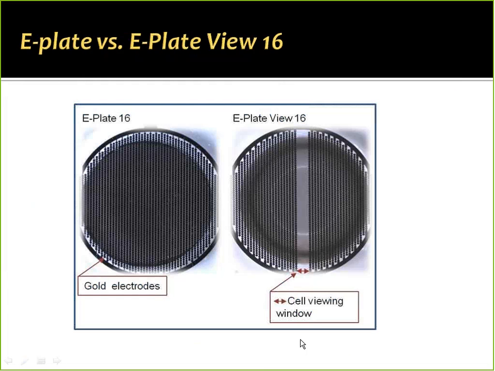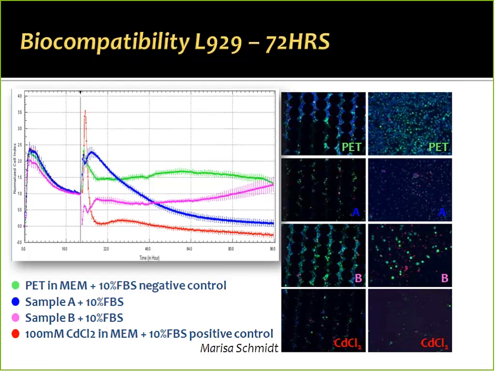So one more thing that I'd like to go into when doing these biocompatibility tests, I think you can notice here that these dark circles are the microelectrodes under microscopy. So we only have a small window where we can actually see and photograph the cells using the standard E-plate.